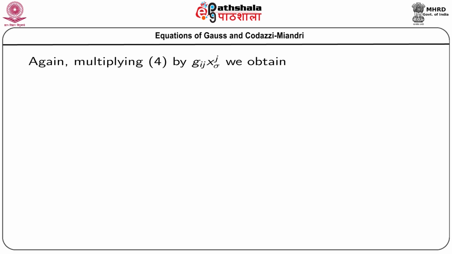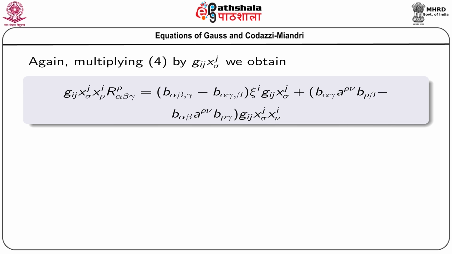Now, again multiplying equation 4 by g i j x j sigma, we obtain the above expression g i j x j sigma x I rho r rho alpha beta gamma in the left hand side, and in the right hand side we are getting this expression. And we know that g i j xi i x j sigma is equal to 0. So, the first term in the right hand side is equal to 0, and only the second term in the right hand side will be there.